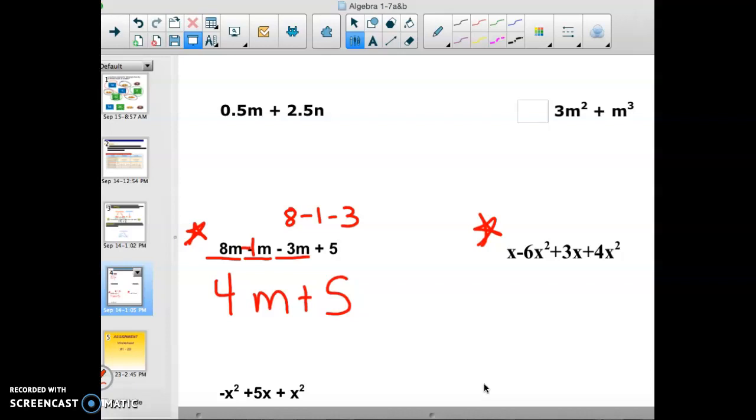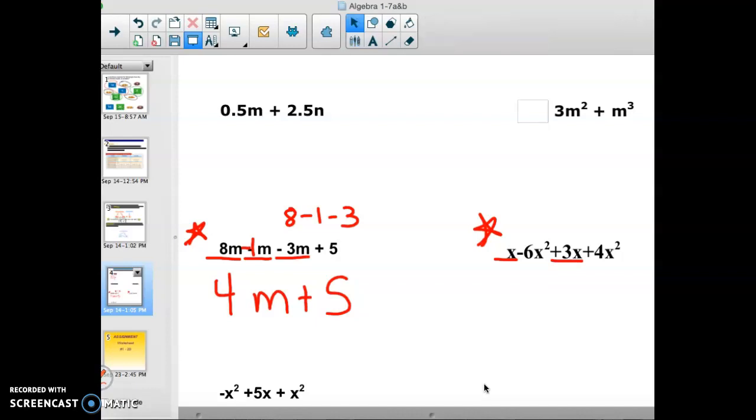Okay? So if I'm doing this problem in Kami, I know I have different color pens. So what I would be doing is I would underline anything that was an x in one color. Do I have any other x's? Yes. I've got 3 of them right here.